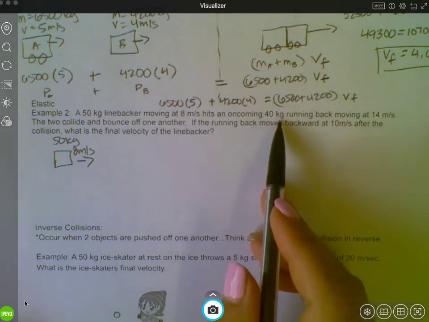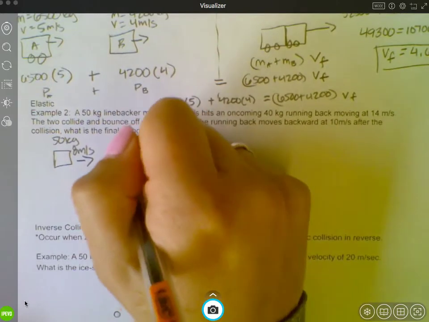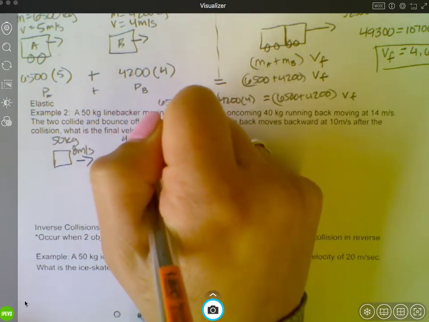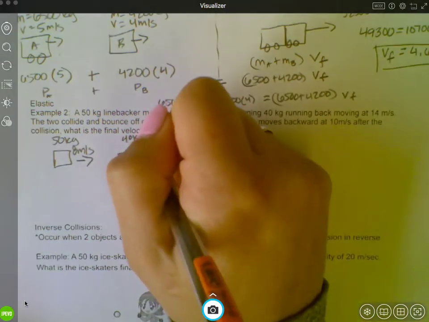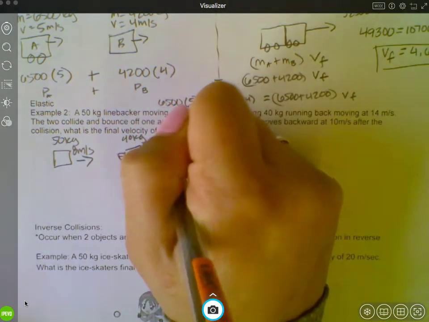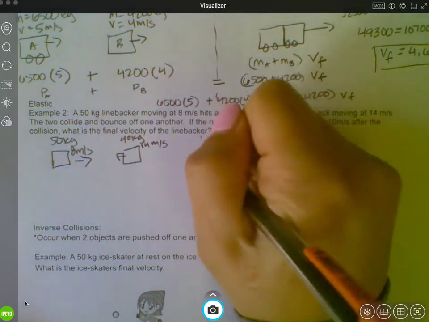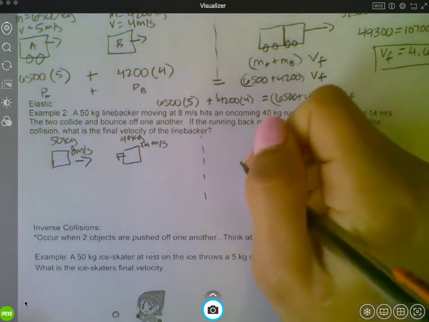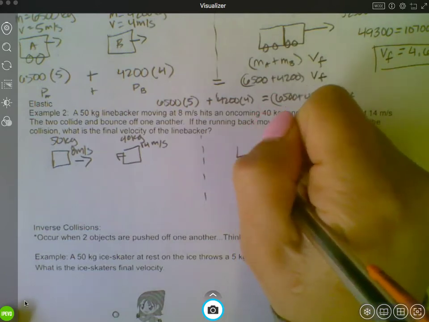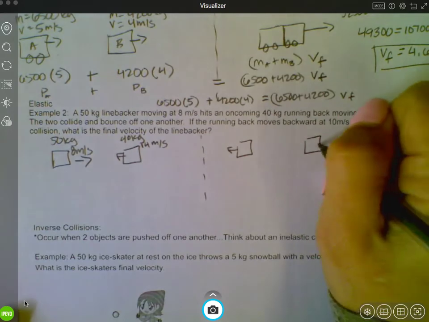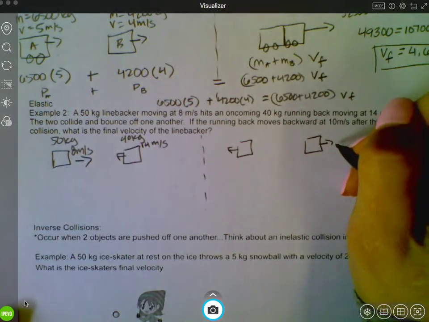He hits an oncoming 40 kilogram running back, so that means the running back's coming toward him. He's 40 kilograms and he's moving at 14 meters per second. Okay. The two collide and bounce off one another. Okay. So I'm going to assume then that the linebacker is going to go backward, and I'm going to assume that the running back is going to go forward.